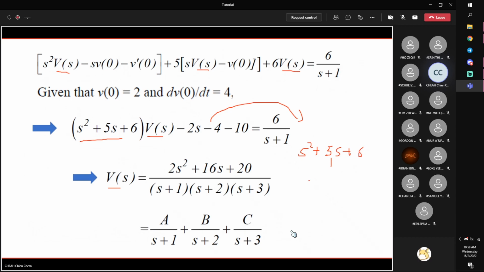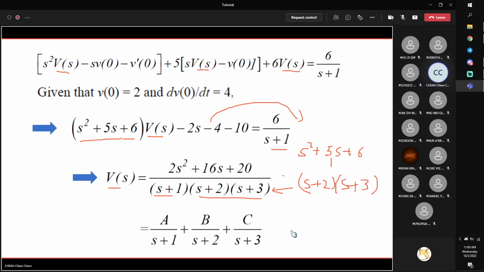If you factorize it, you can check that it's (s plus 2)(s plus 3). Which means that I replace it by this. s plus 1, no need to do anything, it's already a first order factor.